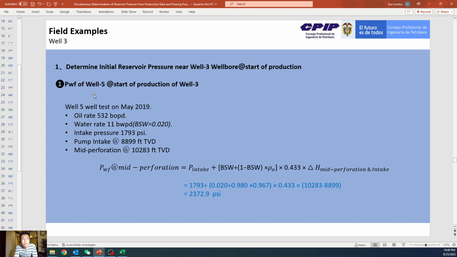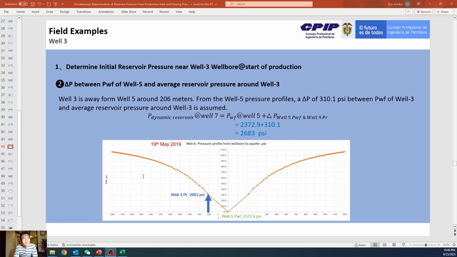of well 5 in May 2019, which is around 2372.9 psi. Delta P between fluid pressure of well 5 and average reservoir pressure around well 3, well 4.